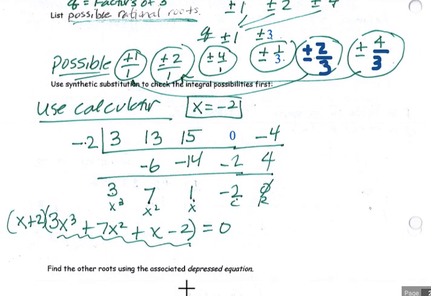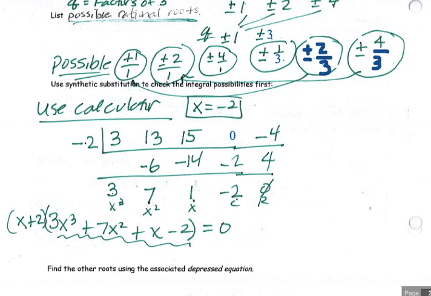Now let's see if we can break this down some more. Find a factor of this. Maybe this can be factored and has another linear factor. So to do that, you can go to your graphing calculator and type in y equals 3x cubed plus 7x squared plus x minus 2. You can stop the video and go ahead and put that into y equals.